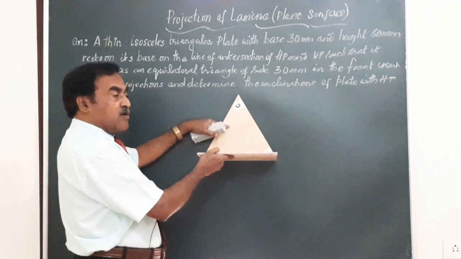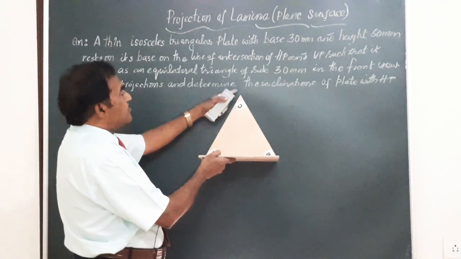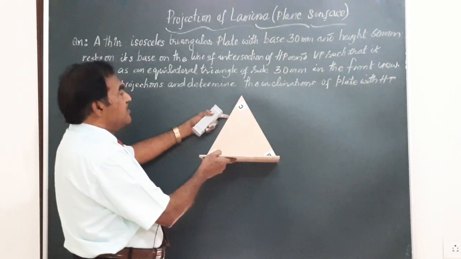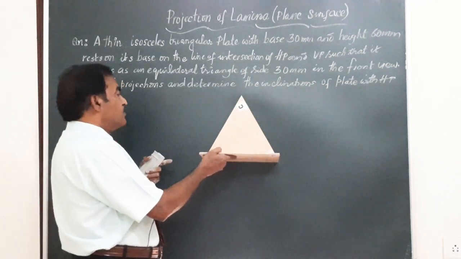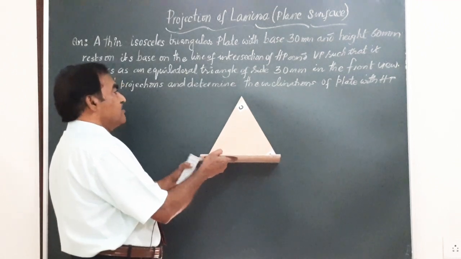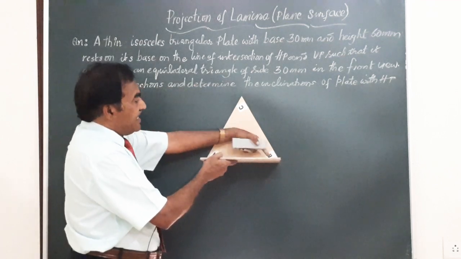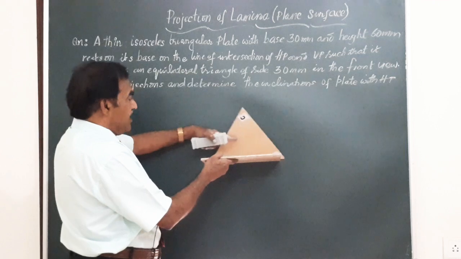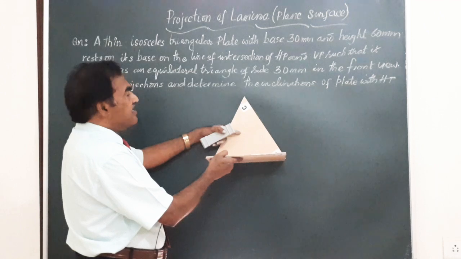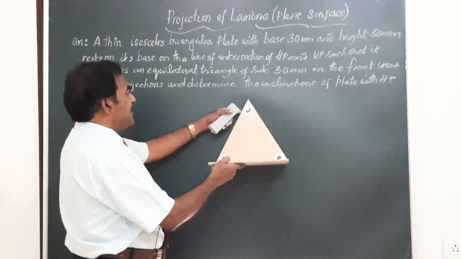So, you obtain the top view on the XY line, and the front view is in front of you, that is an isosceles triangle having the measurement AB equal to 30 and the vertical height equal to 60. And friends, if you observe this in the side view, it appears as a line again. So, front view is an isosceles triangle, top view is a line that is obtained on XY, that is ACB. You are going to get a line on XY, and the side view is going to be again a line.